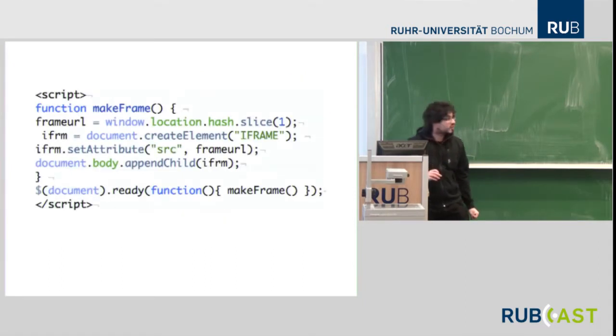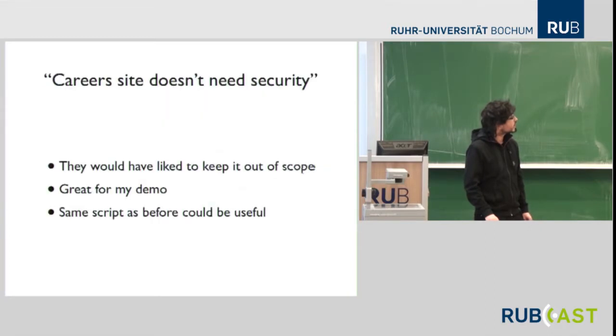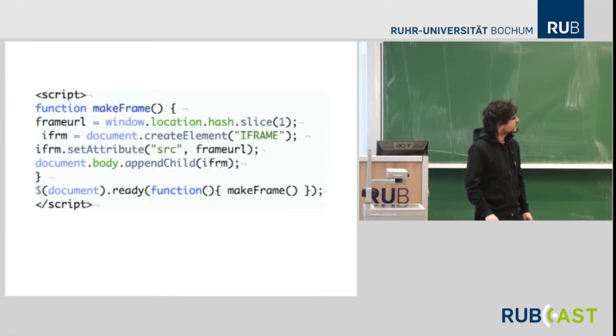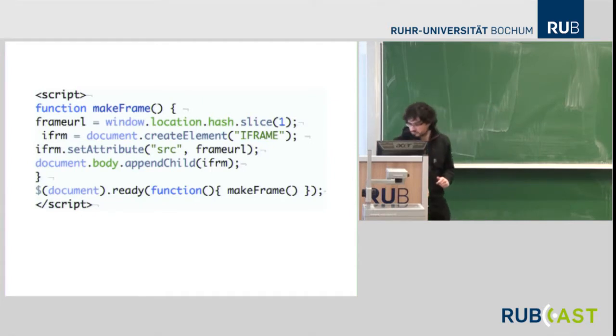So in this case, the code looked like this. What it's doing is creating an iframe, and the iframe is based on user input in the URL, and this is all client side. The src for the iframe is taken after the hash sign in the URL.